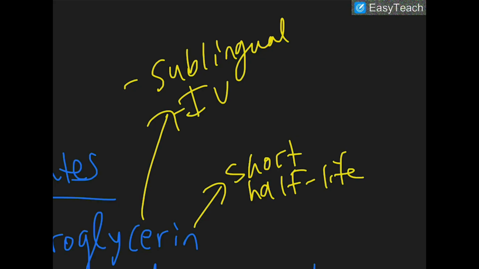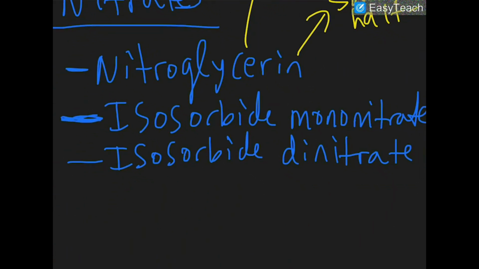But once it's absorbed, it generates nitric oxide very quickly in your smooth muscle, causes rapid dilation of your veins, and then it wears off quickly also. Okay, so that's nitroglycerin. It's for acute cases like acute angina, acute coronary syndrome, or acute pulmonary edema. Things like that. Isosorbide dinitrate and mononitrate are more related to chronic use.